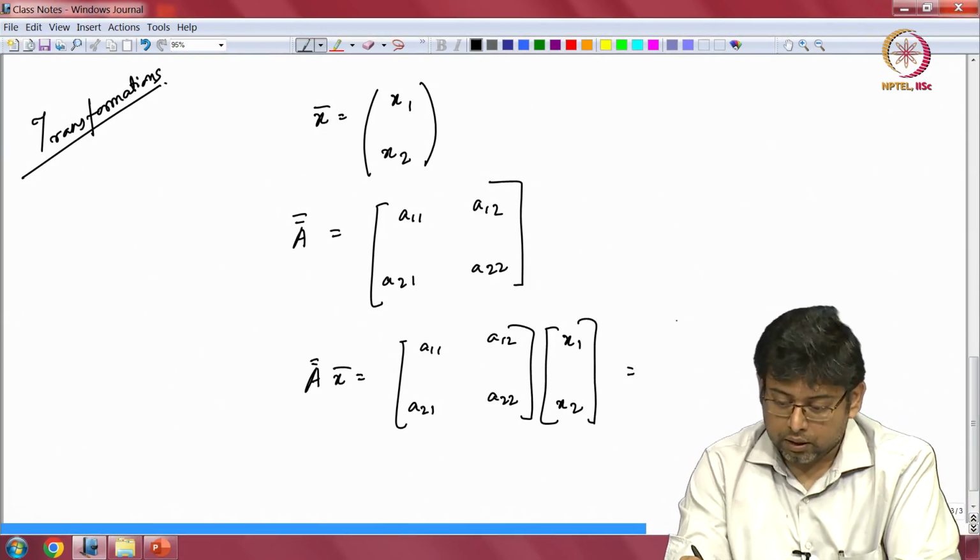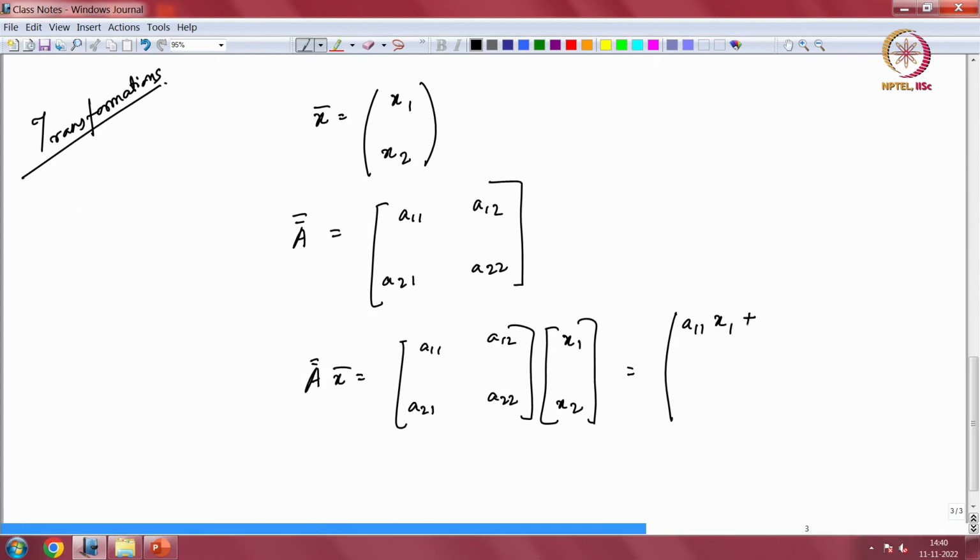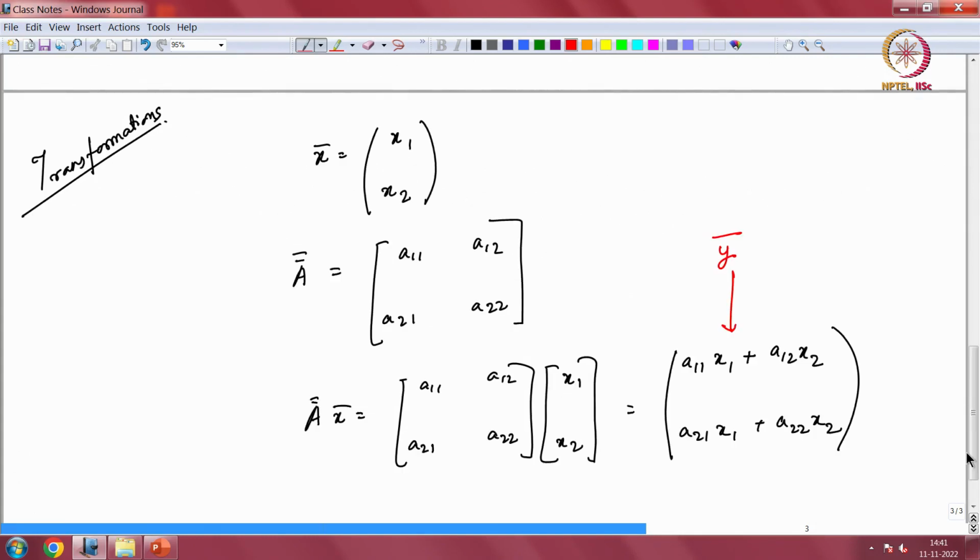And here you can easily see what you will have is basically nothing but your new vector y that we have said. So this transformation acts on x and gives you another vector y. This type of matrices are going to be very, very important.